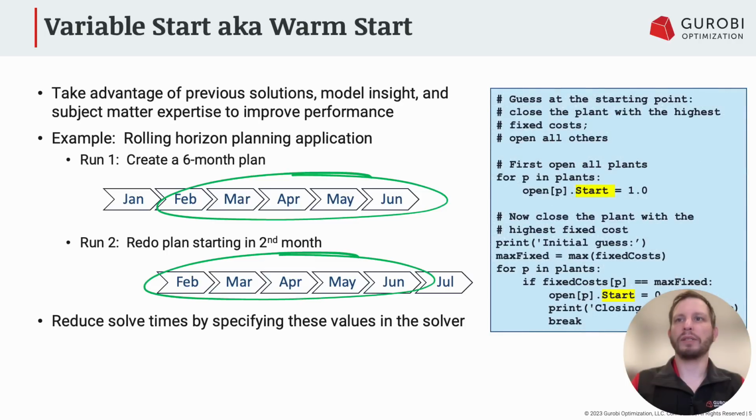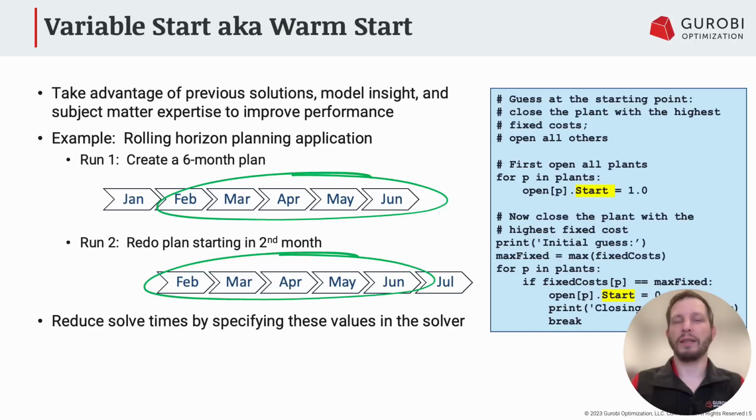To see what it looks like in our Python API, let's talk about another quick example where we're opening and closing plants. Let's say that we wanted to provide a warm start where we first open up all plants.